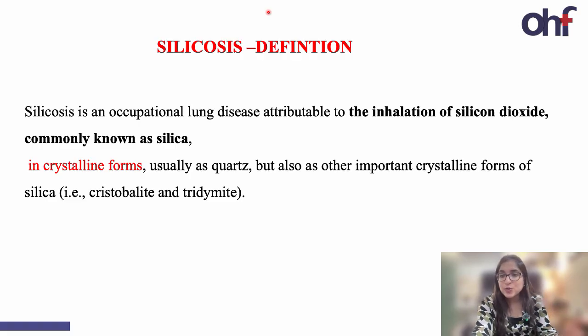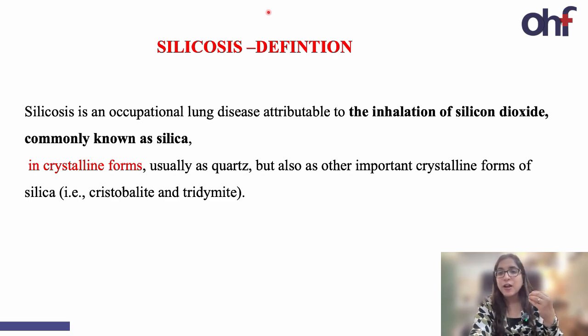We are all exposed to sand. Children play with sand. Why does not everybody get this, and why only few? It really depends on the duration of aerosolization and the size of the silica particles that you're inhaling, and whether they are respirable, able to reach the alveoli.